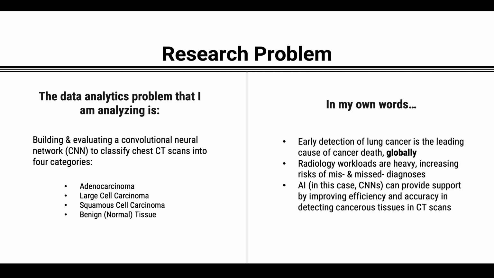At the same time, radiologists also face heavy workloads, increasing the risk of misdiagnoses or delayed diagnoses. By applying AI, in this case, convolutional neural networks, the goal is not to replace the radiologist, but to support them by improving efficiency and accuracy in identifying cancerous tissues within CT scans.